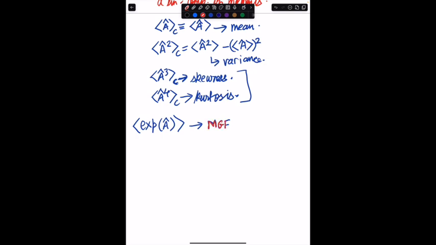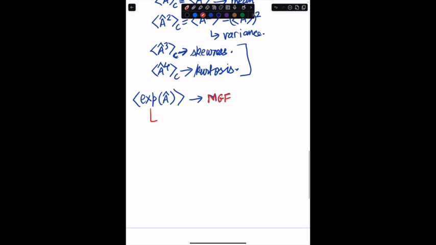Very simple to understand: I expand this exponential of A, I get one, identity, plus A hat plus A hat squared upon 2 factorial, and then I take an expectation of this. So I get identity plus the expectation of A hat plus the expectation of A hat squared over 2 factorial and so on and so forth, right?